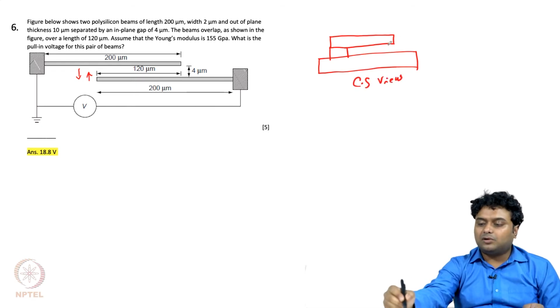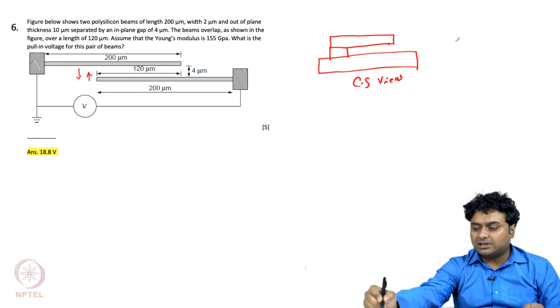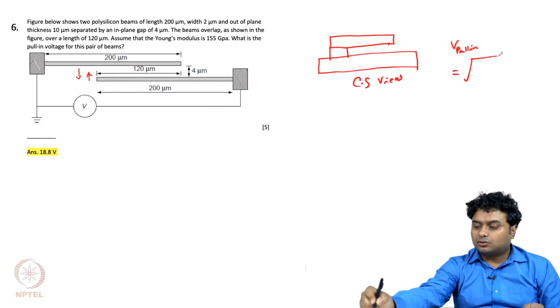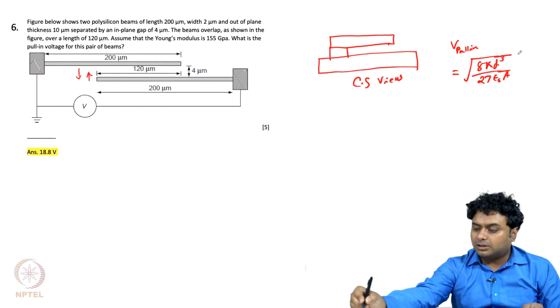For a simple cantilever we have already calculated and we know the formula of pull in voltage, that V pull in is equal to square root of 8k d cube divided by 27 epsilon naught A for a free space, right, there is no dielectric.